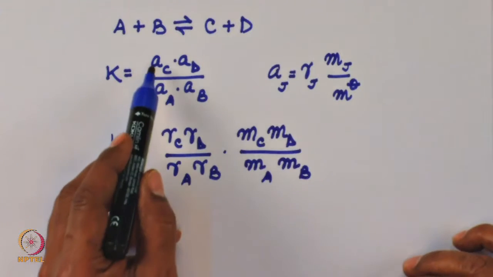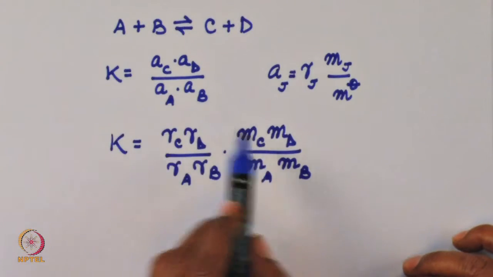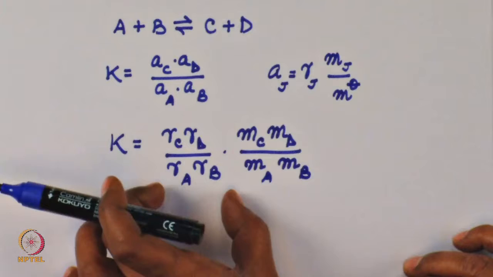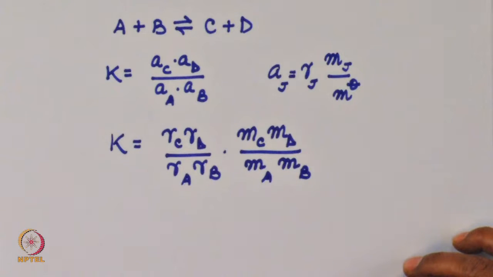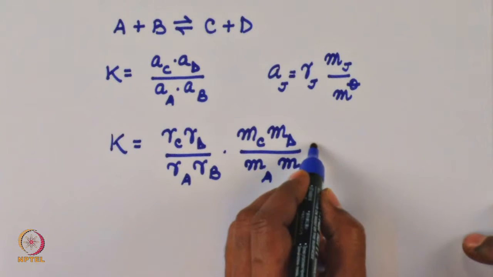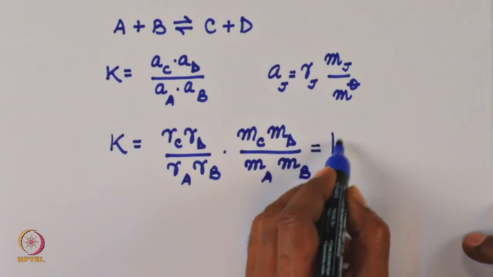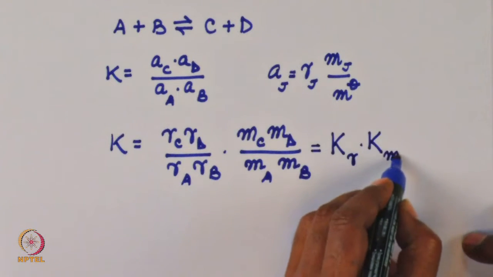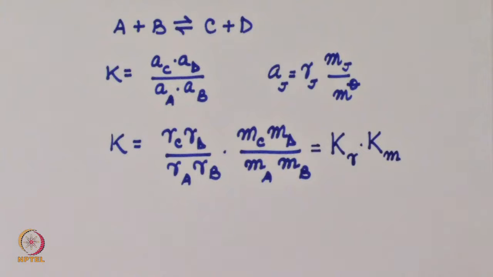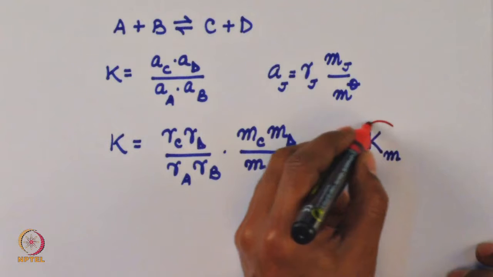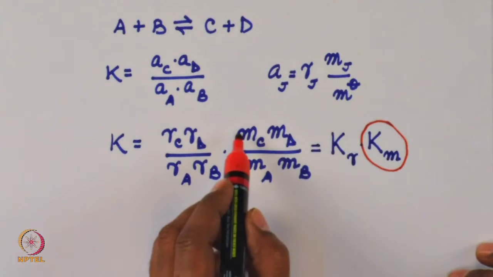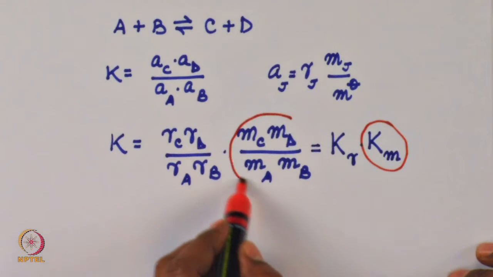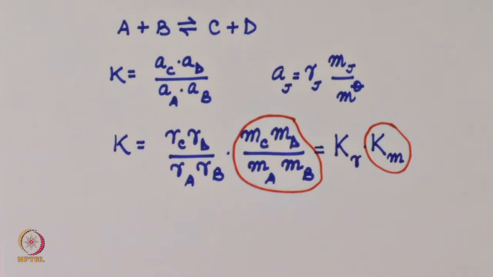What I have done is, instead of activity, I have put gamma times m and then separated the gamma terms and the m terms. And I write this as K gamma into K m. So, in the laboratory, usually we determine K m, which is this ratio of molalities of products and reactants.